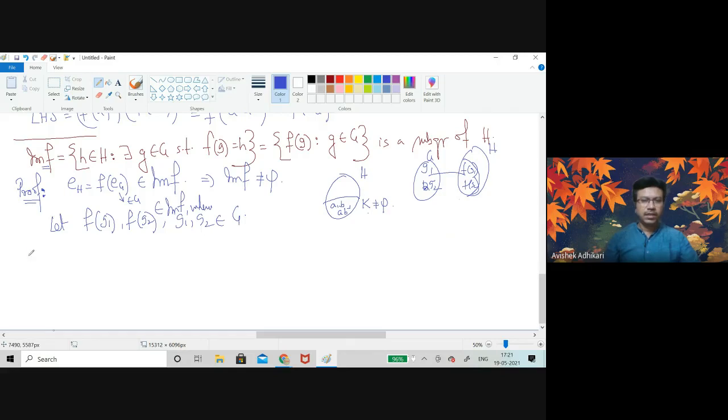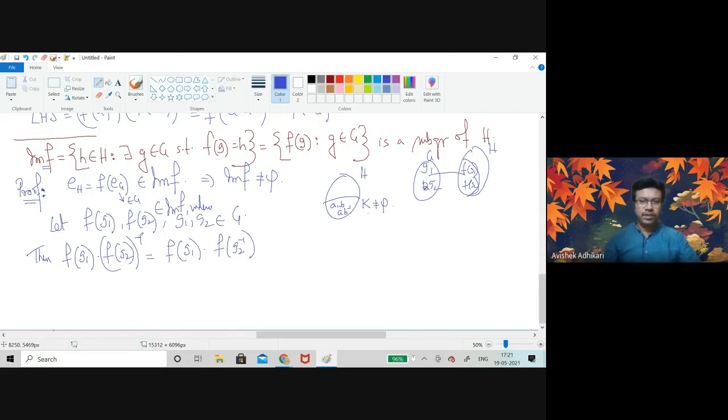Okay. Then f(g1) times f(g2) whole inverse, that is equal to, please tell me now, what should I do? f(g1) into f(g2) inverse, just now we have shown.